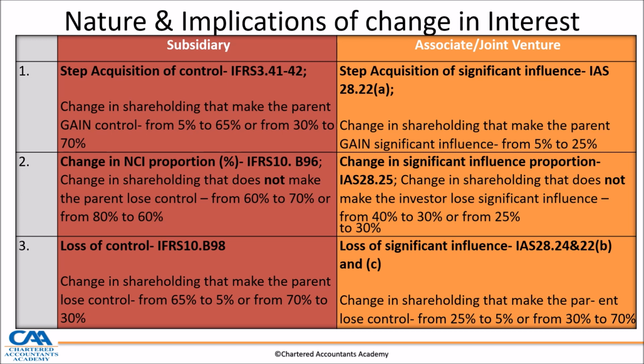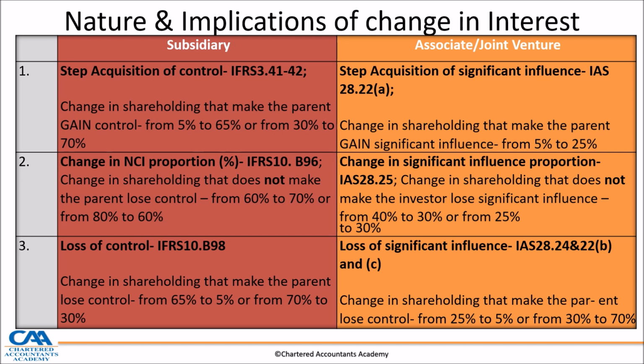This is, as an example, where parent had 60%, they acquired 10% more to 70, or they had 80% and they acquired more to 60%. What is most important is that control is absolute. Once you get control, once you're over 51%, or once you have control, and you have whatever change that happens, as long as it leaves you with control, percentages don't matter. What is actually changing in that regard is NCI, non-controlling interest.